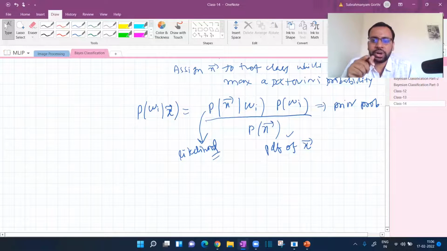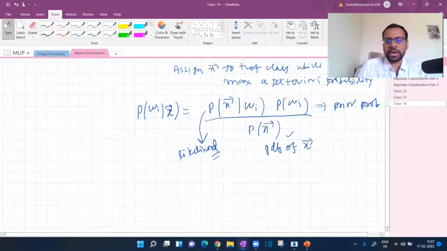We also discussed some ways of computing the likelihood and prior probability. Those are not the only ways, but we discussed how to model them from a given training data set.